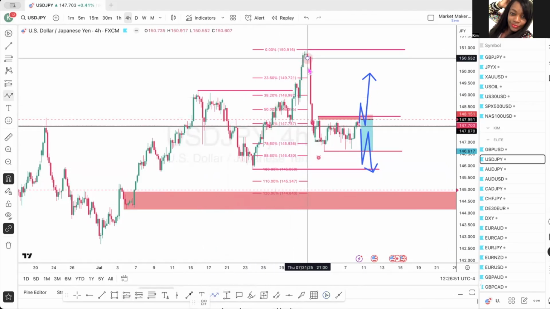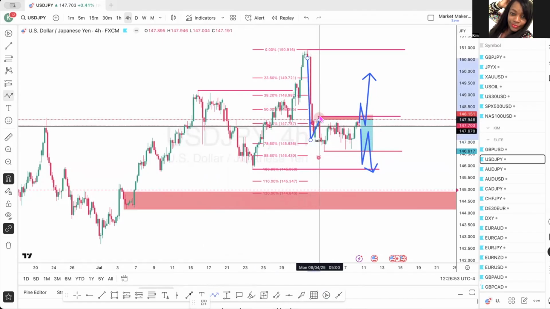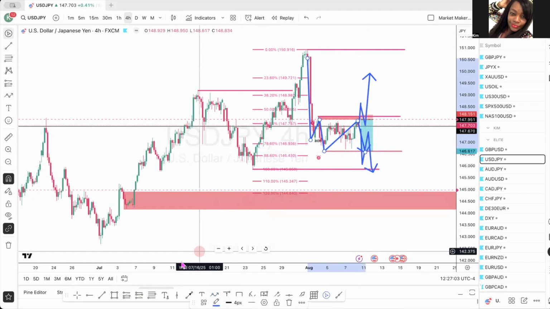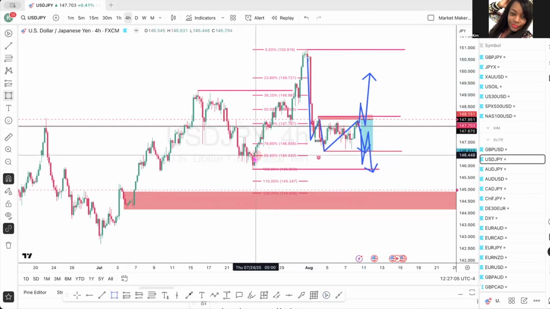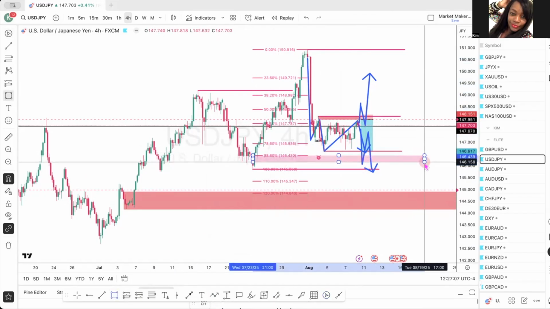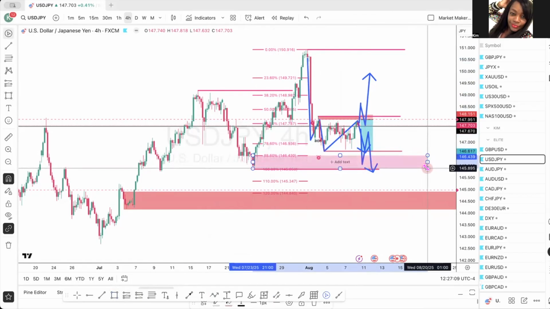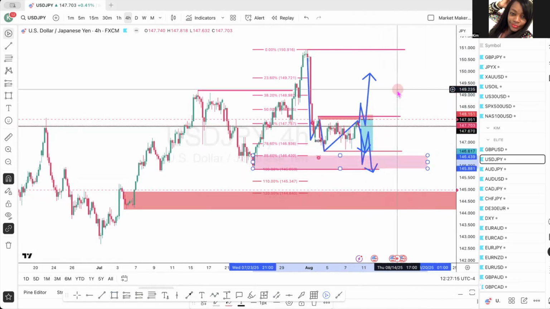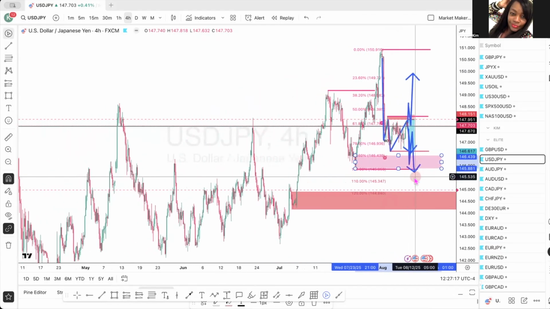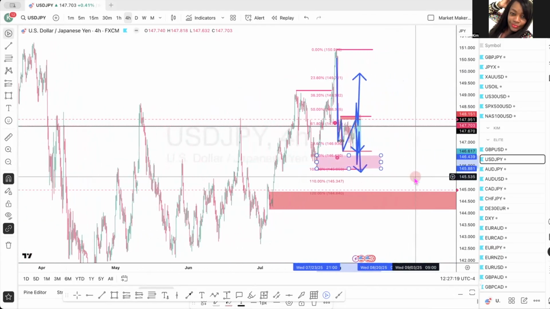And this structure here is here, here, and currently here. So I am thinking that price is probably going to come here and sell back down to a demand zone here, and maybe it'll buy back up to possibly sell some more. Maybe.